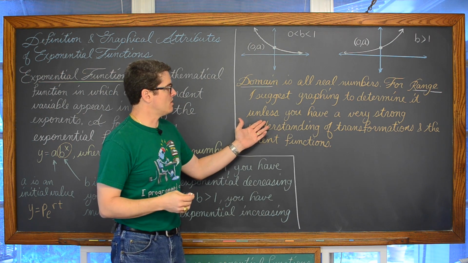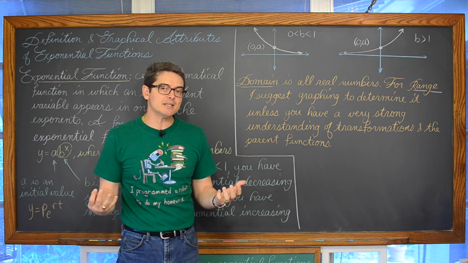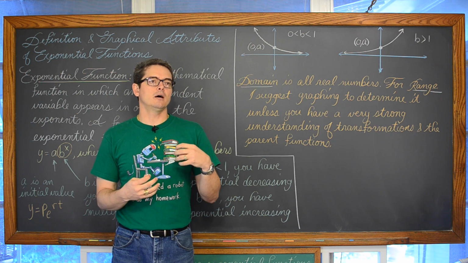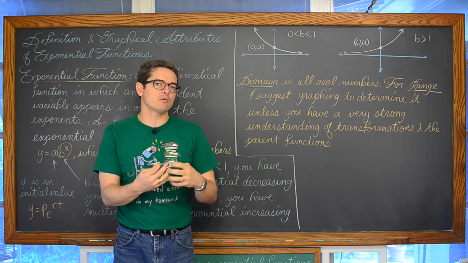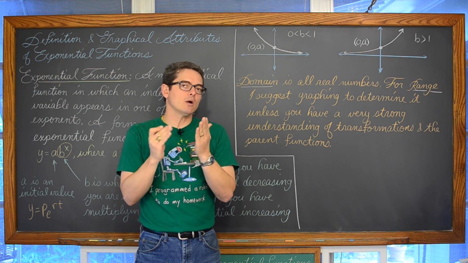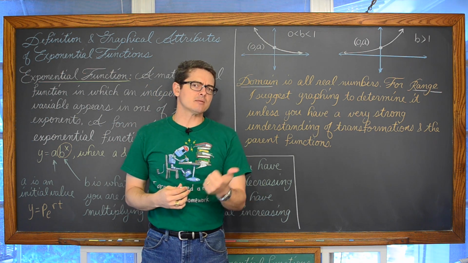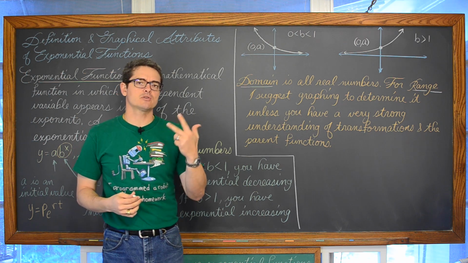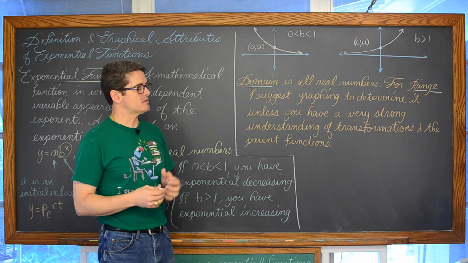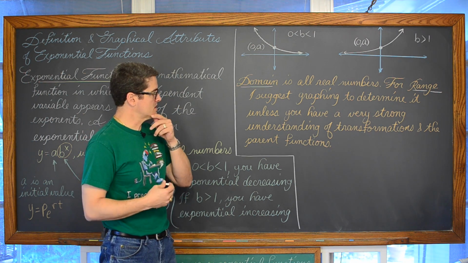If you have a very strong understanding of how transformations work, and this is an Algebra 1 lesson, so we haven't even gotten to that yet, unless you have a very strong understanding of how transformations affect a graph, do they move it left and right, shift it up and down, does it spread it out or make it more narrow or taller, and you've memorized a lot of parent functions, like you know what the basic parabola looks like, a basic line, a basic cubic function, a basic exponential function, then I really suggest that you make a graph from that equation before you try to determine what the range is.